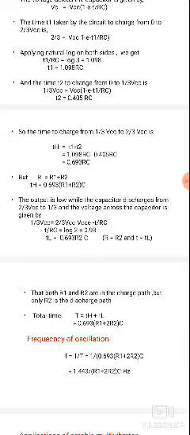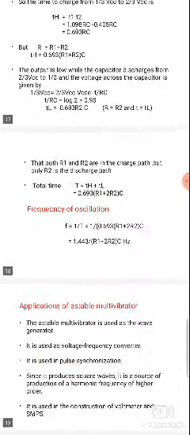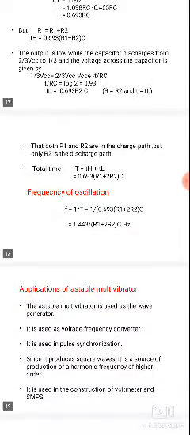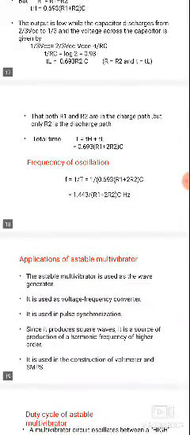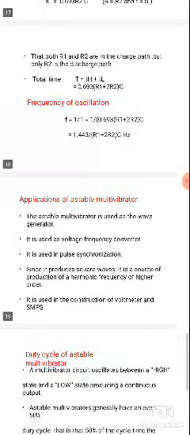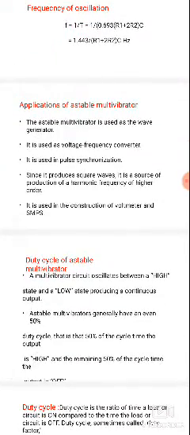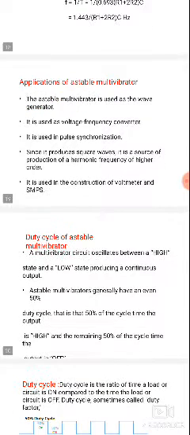In the charging position R is equal to R1 plus R2, and in the discharging position it is only R2 into C. Next, T is equal to 0.693 into R1 plus 2R2 into C, and F is equal to 1.44 by R1 plus 2R2 into C.